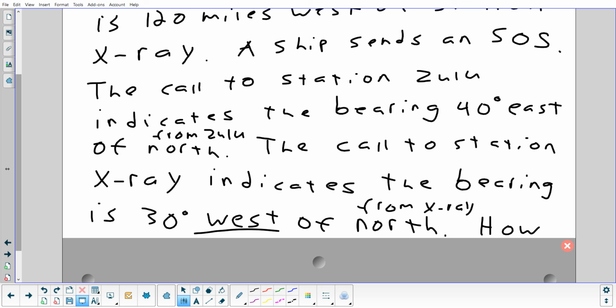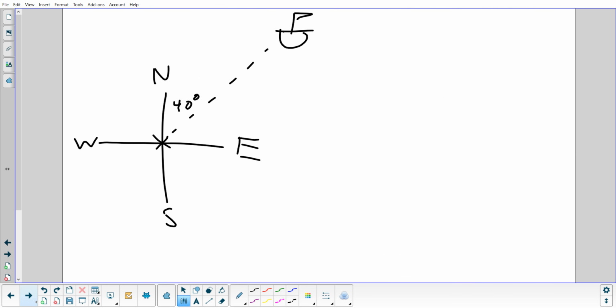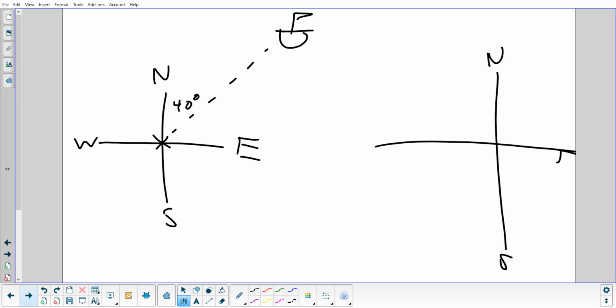Okay, so west of north, that would look something like, so you run the Coast Guard station over here. And of course, these directions are bearings that are relative to you, where you're standing. So where the Coast Guard station is, that could represent whatever angle I said, 30, I don't remember what it was.